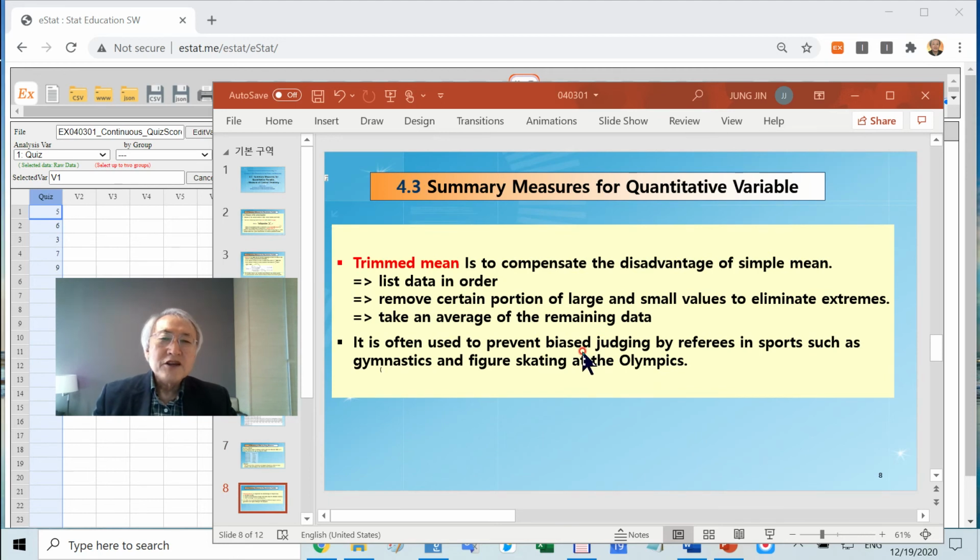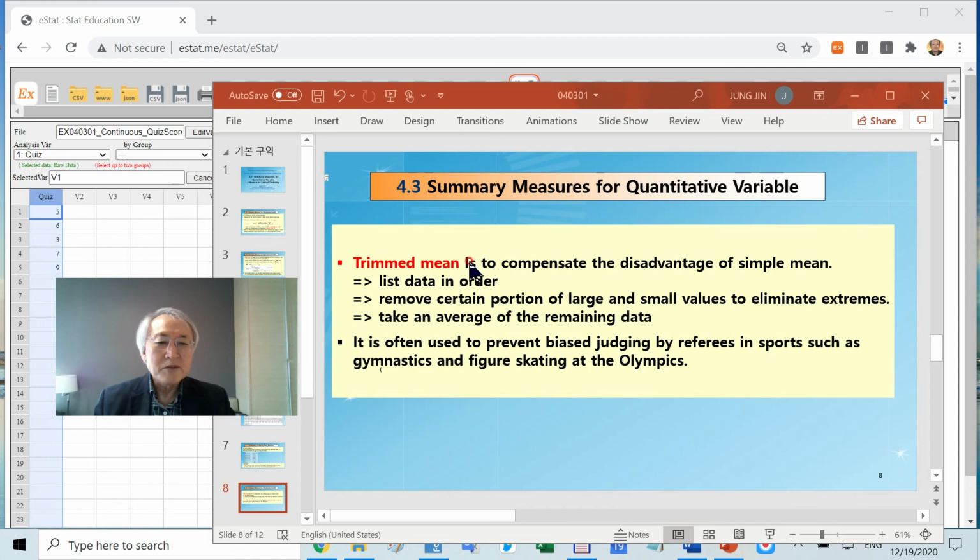There are some variations of measures which you can calculate by using E-stat. Here's the trimmed mean. The trimmed mean is, if there is an outlier, simply get rid of that. But fairly and equally, get rid of some large numbers and small numbers, and then take the average.